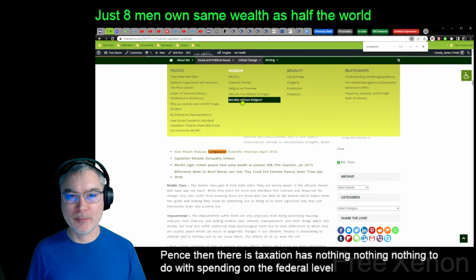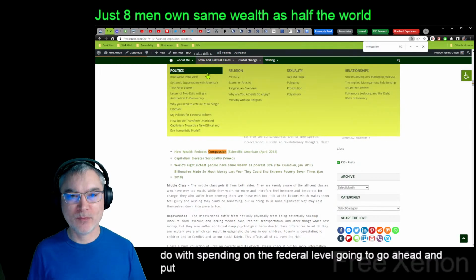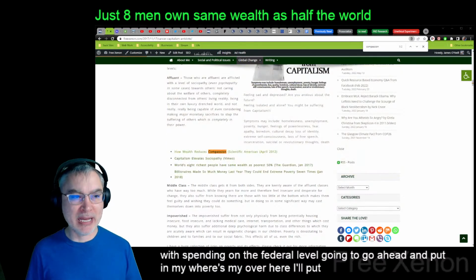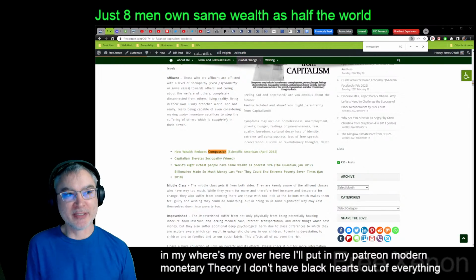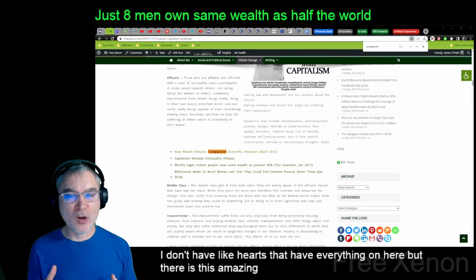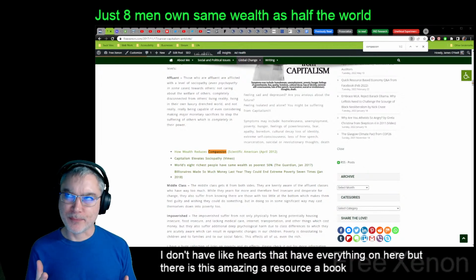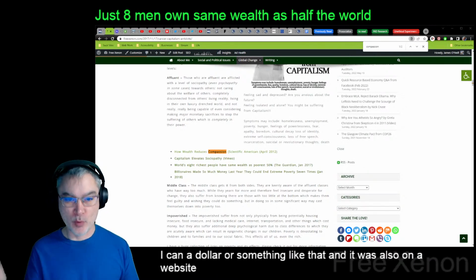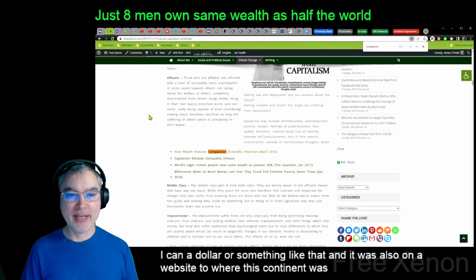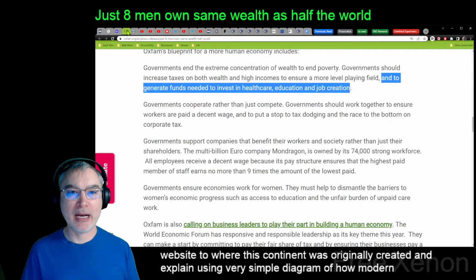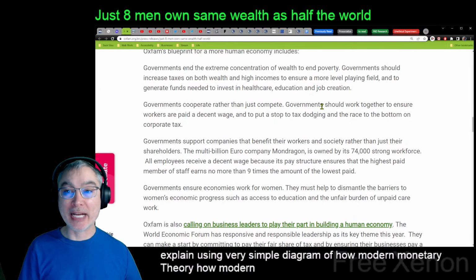I'm going to put in my page here on modern monetary theory. I don't have 100% of everything on here, but it's a great place to start. There's this amazing resource, a book that I purchased for like a dollar, and it was also on a website where this content was originally created, and it explains using very simple diagrams how modern monetary theory actually works.